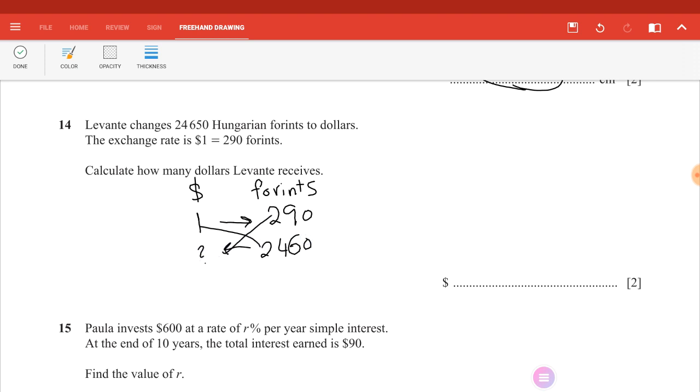Cross multiplication: 2460 multiplied by 1 divided by 290. 8. Calculate how many dollars. He didn't mention any significant figures or any rounding. 8.48.